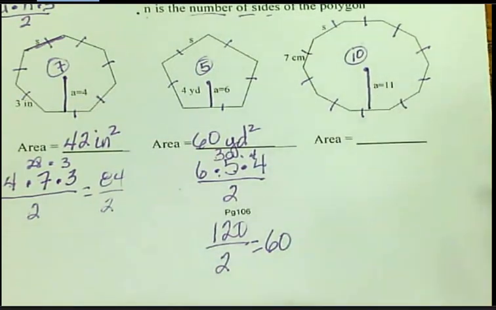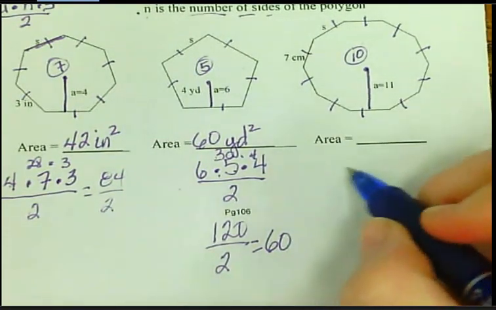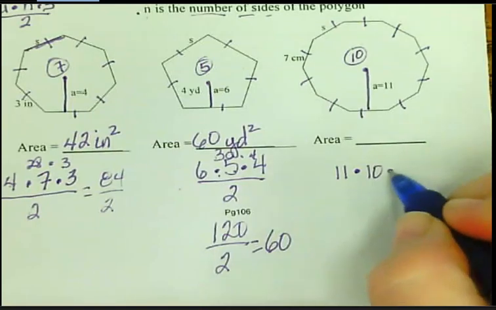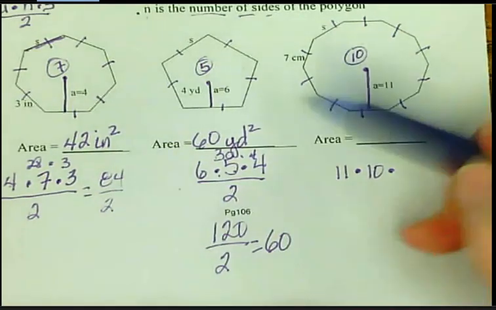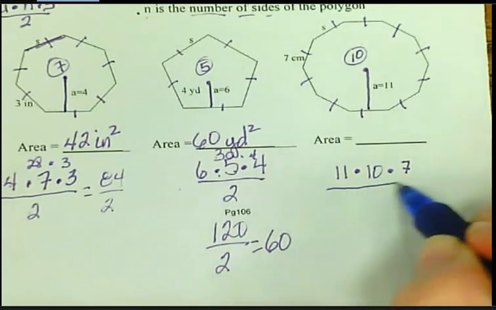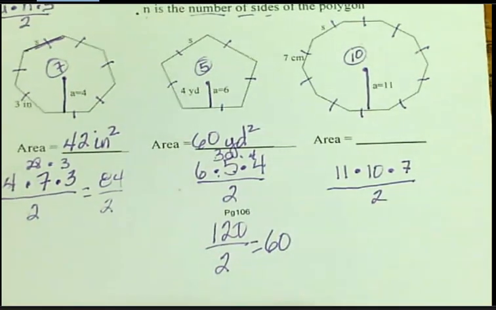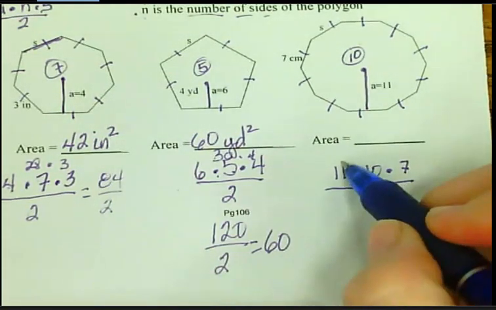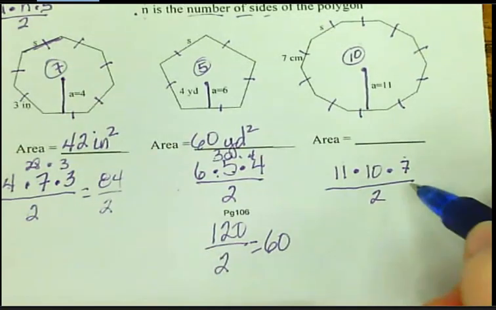We've got our A is 11. So it's 11 times, we said we have 10 sides. And how much is one side? 7. All of that divided by 2. So we have, how about this? 11 times 7 is 77.